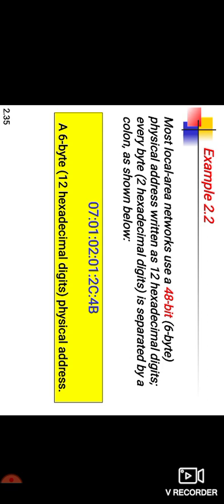Two hexadecimal digits are separated by a colon. So 6 bytes, or 12 hexadecimal digits, are used to represent a physical address. Here is the physical address format. Hexadecimal, that is numbers and the alphabets A to F, are used to represent the physical address.